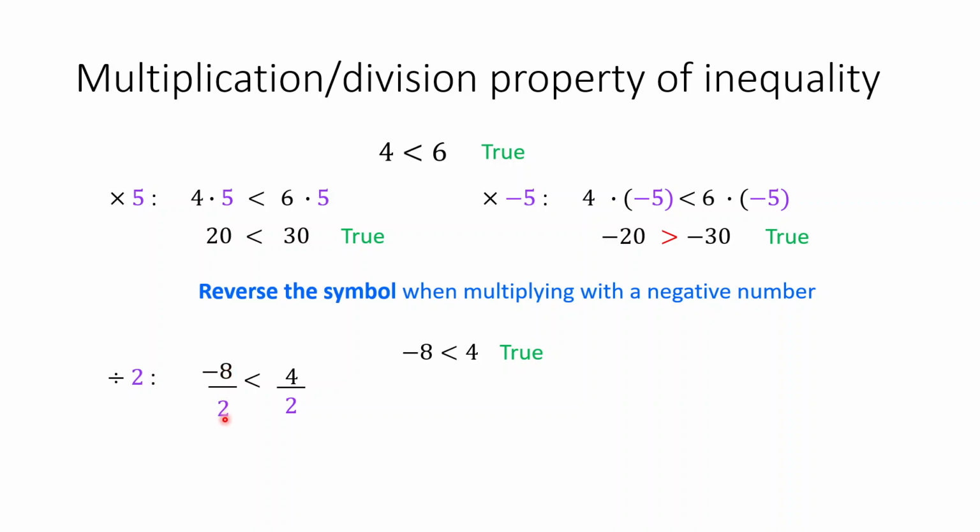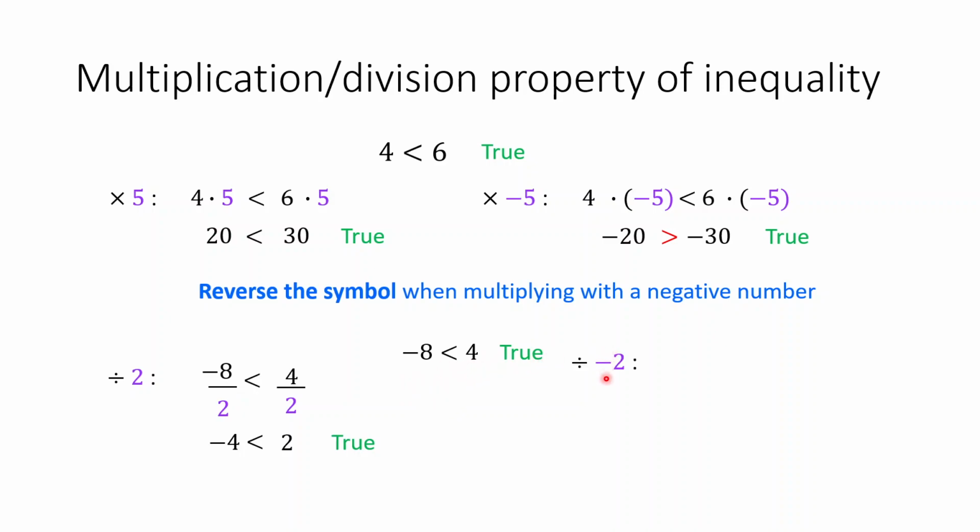Negative 8 divided by 2 is negative 4, less than 4 divided by 2 is 2. Negative 4 is less than 2. This is true. So you can divide a positive number on both sides of an inequality.